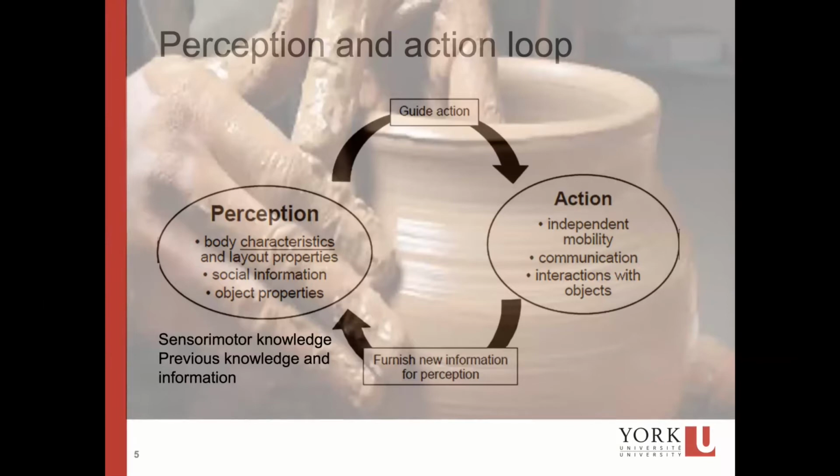And when you are doing perception, you're not only using the properties of the doorknob, but you're also using your previous experience of using doorknobs. But when you have very young children, they may not have that past experience of using doorknobs. Then they have to mostly rely on the physical affordances of the doorknob.